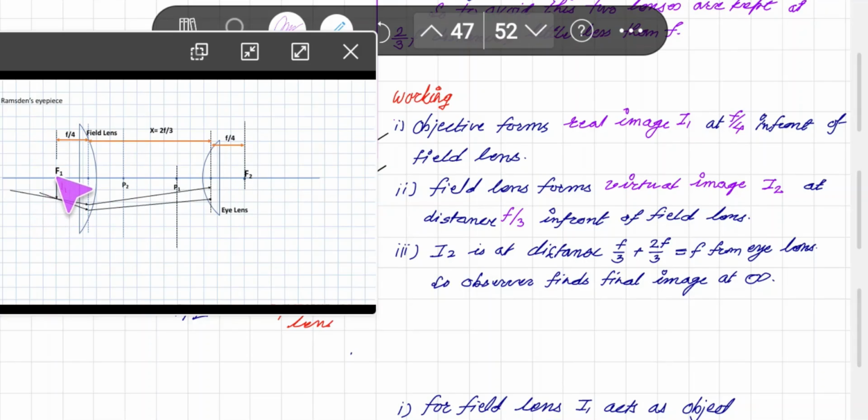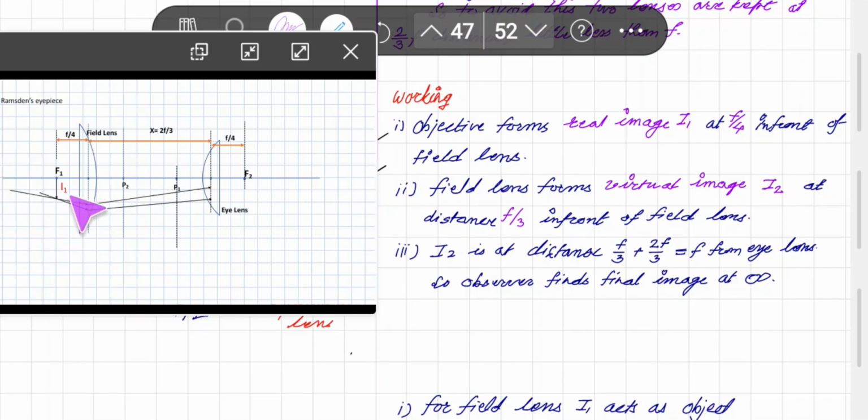Now the rays forming this object are incident on the field lens; remember that this is an object for the field lens. They refract, and after refraction they are incident on lens L2. When we extend these rays back, we get another image, the virtual image I2.